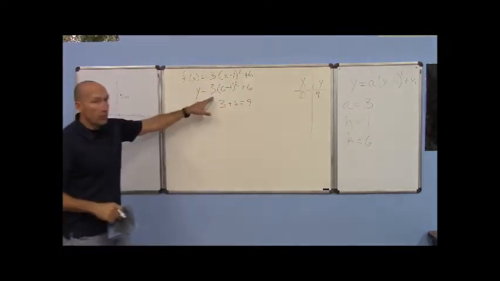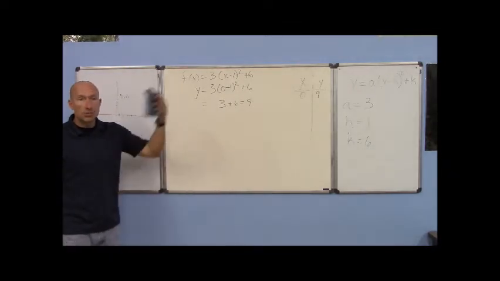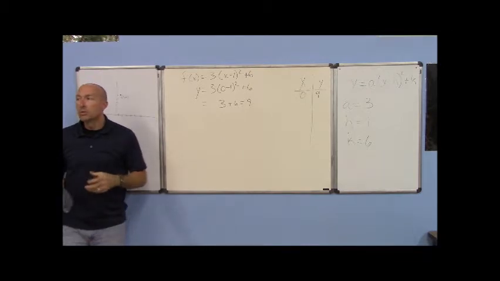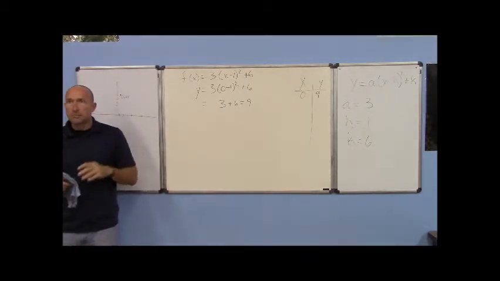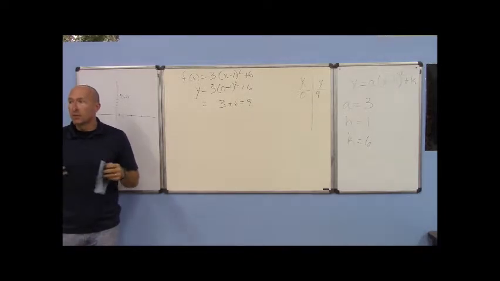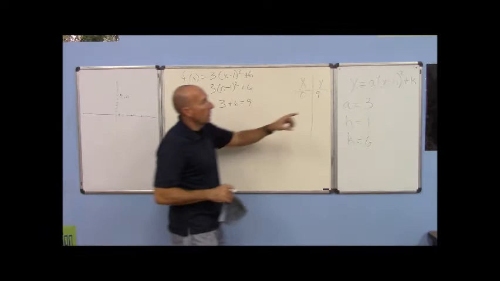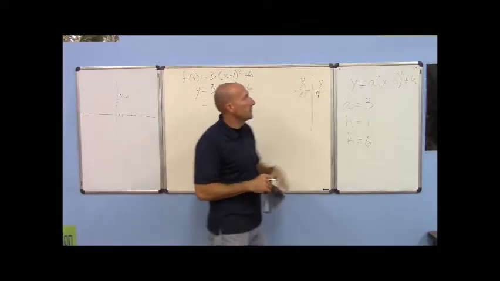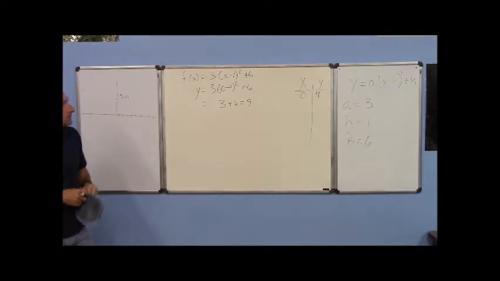We had to use that 3 to help us in our calculation for finding our additional points, but for our initial translation, getting our visual of what this is going to look like, we only need to worry about whether it's a positive or negative right now, okay?